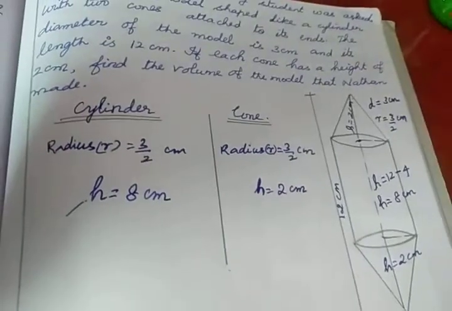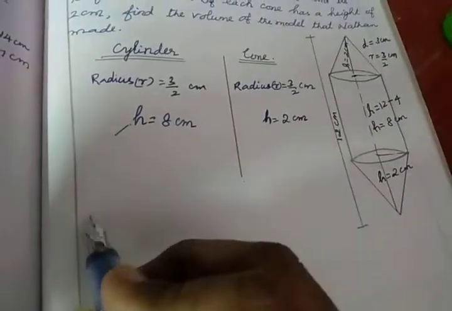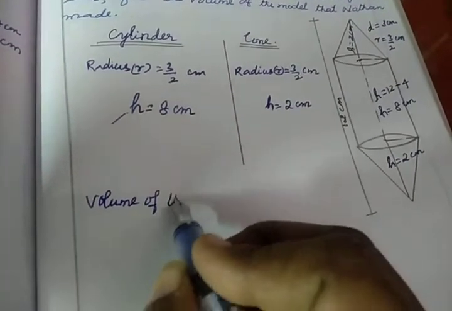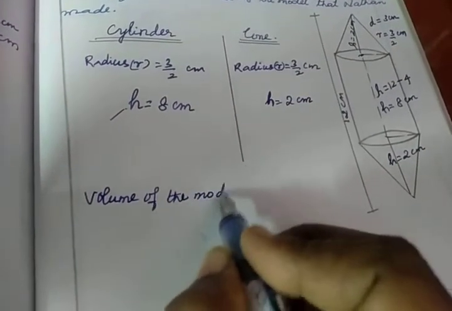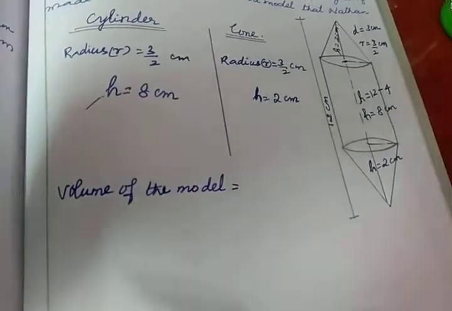Now I need to find the volume of the model that Nathan made. So volume of the model is equal to volume of the two cones plus volume of the cylinder.